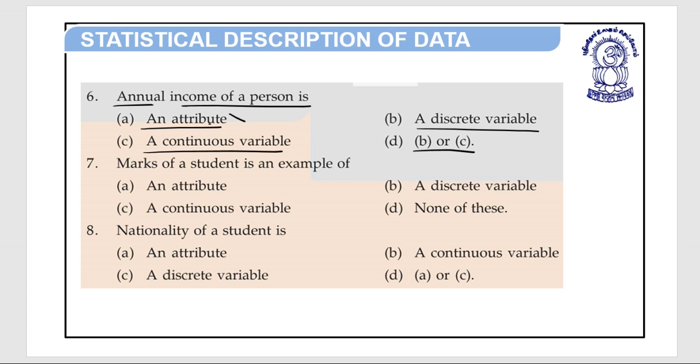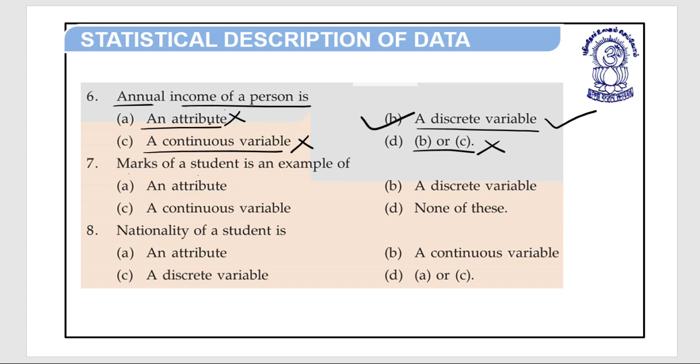So attribute is not the answer. Discrete variable? Yes. Continuous variable? No. Annual income of a person is a discrete variable. So option D is also a wrong answer. So option B is the right answer, a discrete variable.